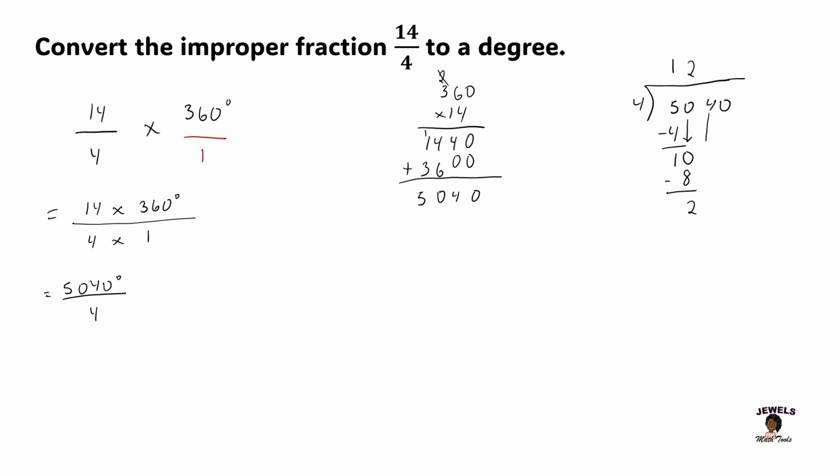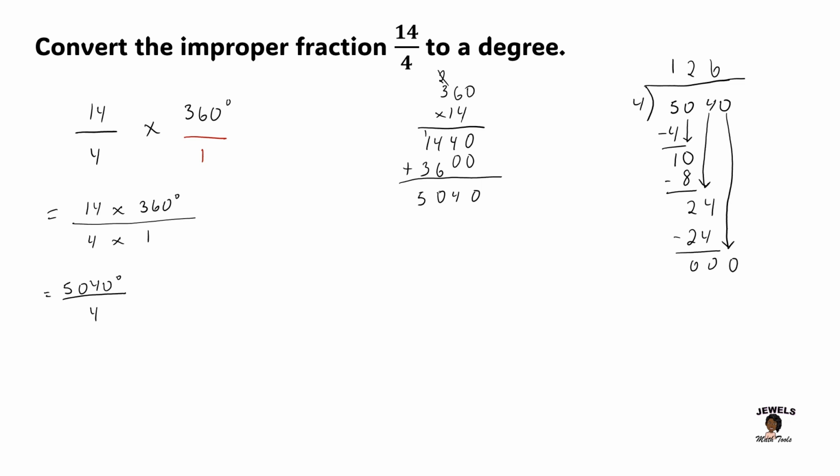We're going to bring down our 4, changing our 2 into 24. 4 goes into 24 6 times. 6 times 4 is 24. 24 minus 24 is equal to 0. We're not done yet. Remember that 0 is a part of this number, so we still have to divide into our 0.